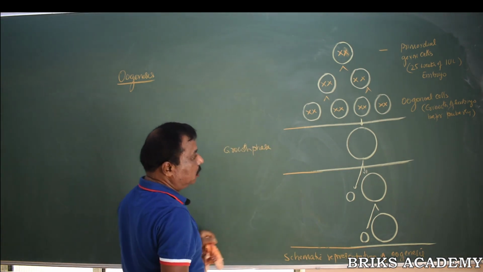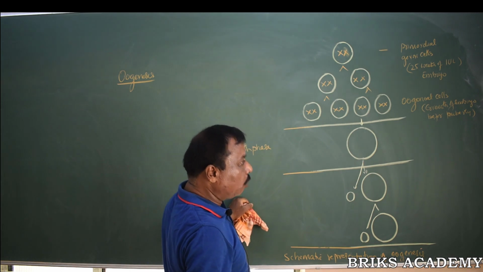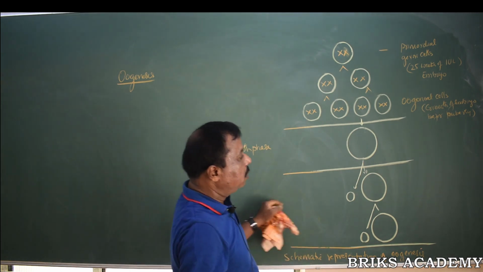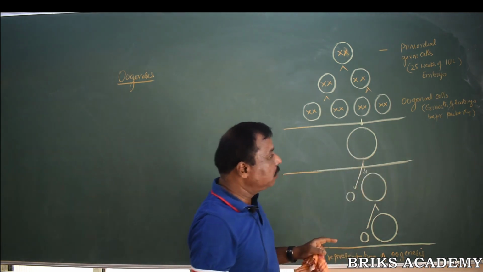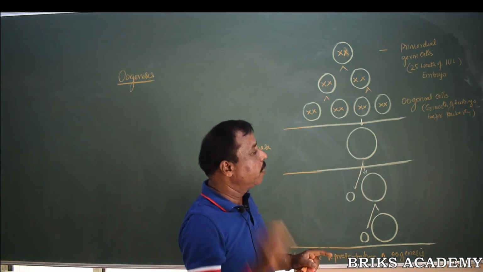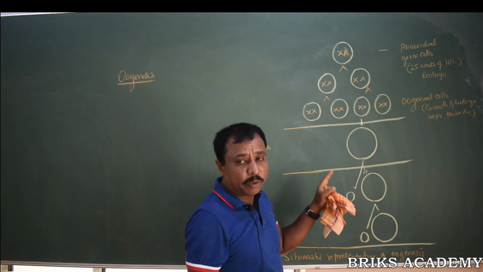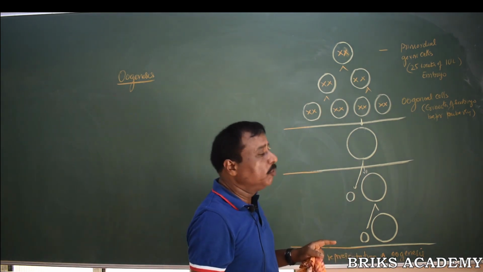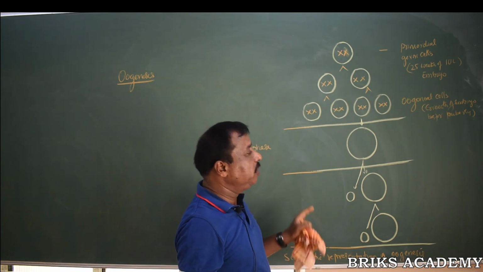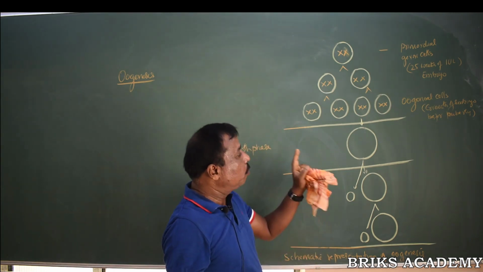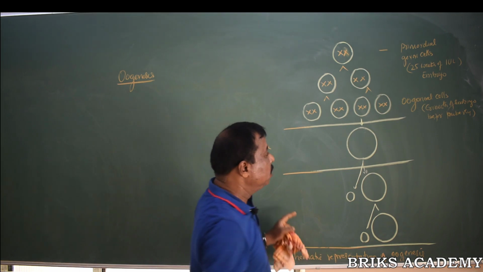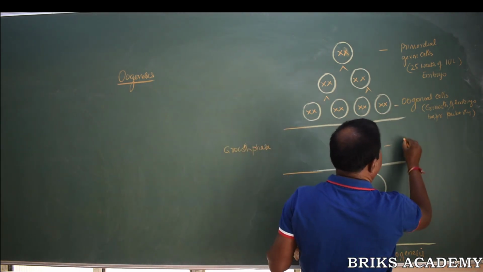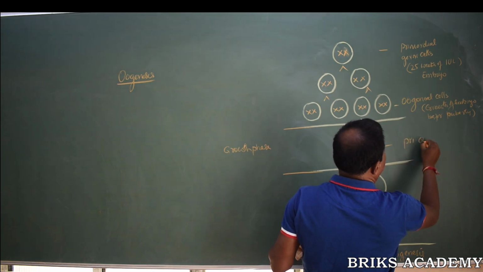Growth phase in oogenesis is long compared to spermatogenesis because there is a deposition of reserve food material in the form of yolk. The process is called vitellogenesis and also involves biosynthesis of biomolecules like proteins, carbohydrates, lipids, etc. The volume of cytoplasm increases and the resulting cell is called the primary oocyte.